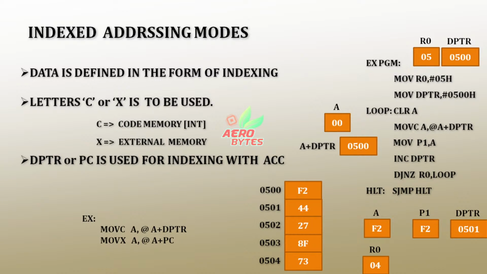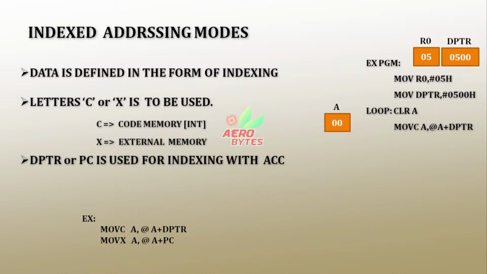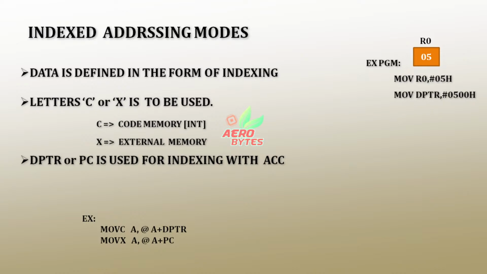Okay, I am explaining one more time. See, this example I can explain once more. MOV R0, #05H. The 05H is transferred to R0. After executing this instruction, the R0 value is 05. Then MOV DPTR, #500H, so the data pointer content is 500.